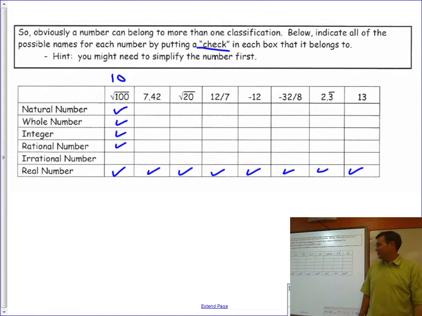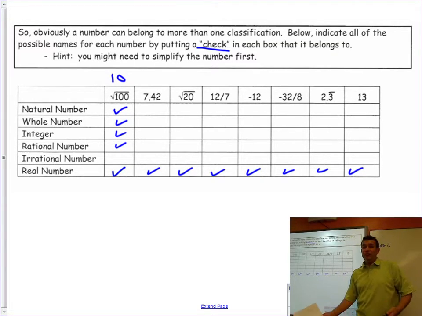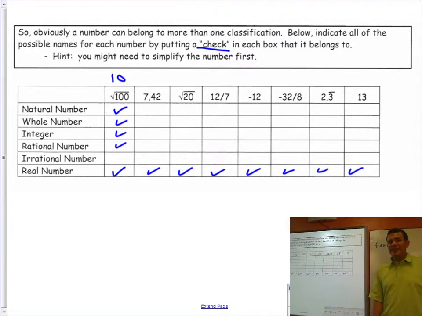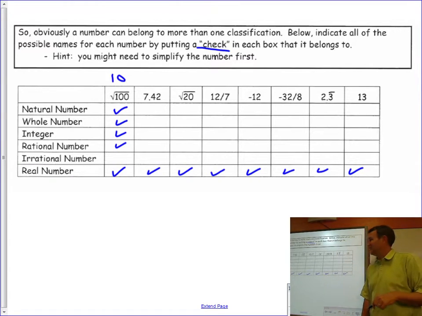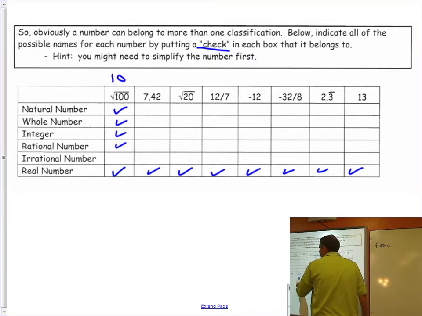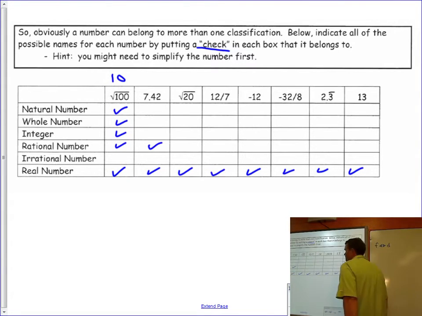Maybe what we ought to do is go through and check which ones are rational and which ones are irrational. Because every number also belongs to one of those two sets. Every number is either rational or irrational. So let's see, which of these would be terminating decimals or repeating decimals? Well, this is a terminating decimal, so it's rational.